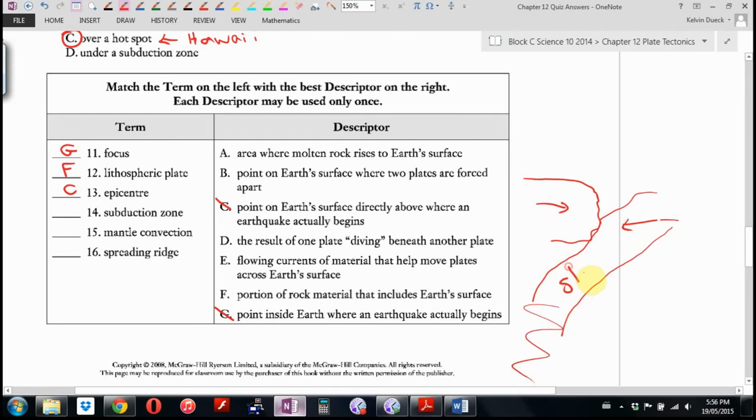We called this slab pull, because its weight now starts to pull it forward, and then way back there would be either an oceanic ridge pushing it that way, or something like that. So, D, the result of one plate diving beneath another plate. That's a subduction zone.